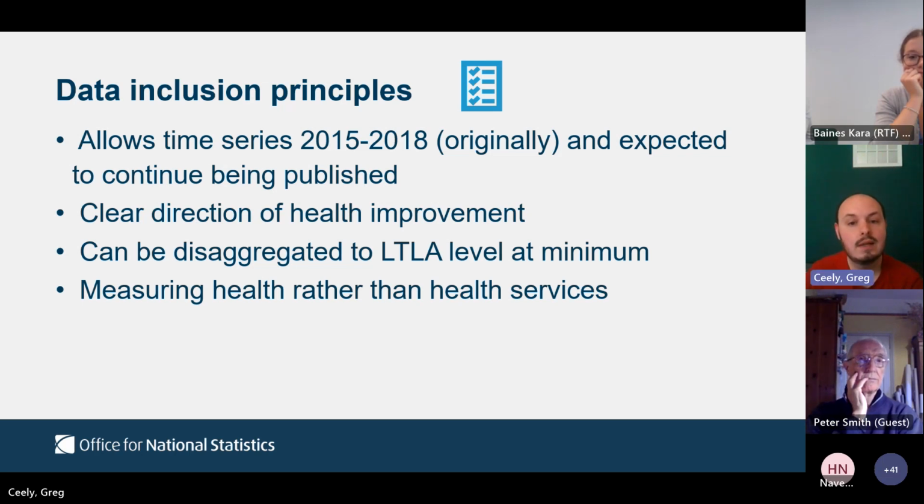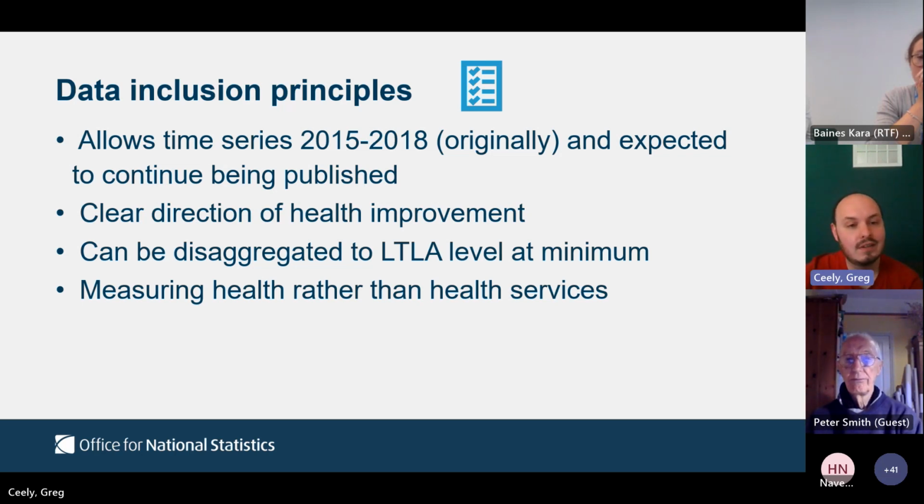For example, if we were to think about a measure of the need for social care, the health index could include the number of people eligible for local authority funded social care, as is measured by LAs at present. But if the thresholds for eligibility changed, but the health of the public did not, the number of people eligible would change, and therefore our index would change if we included that, but the health of the population wouldn't be changing. So this is something we were keen to avoid.